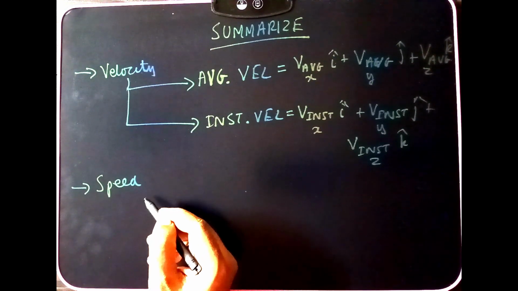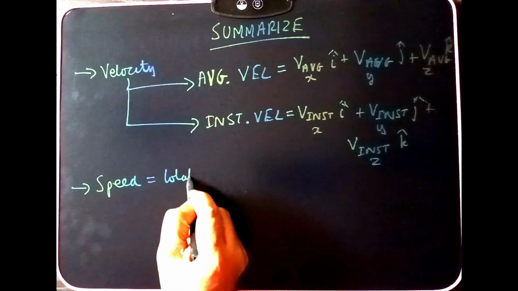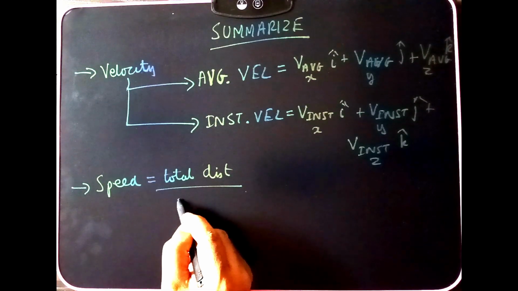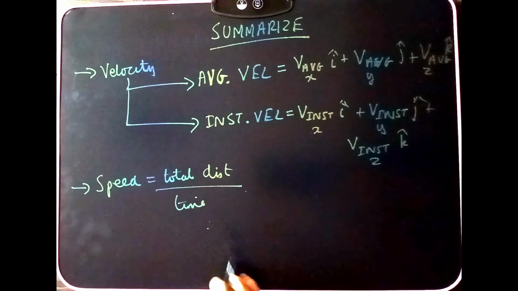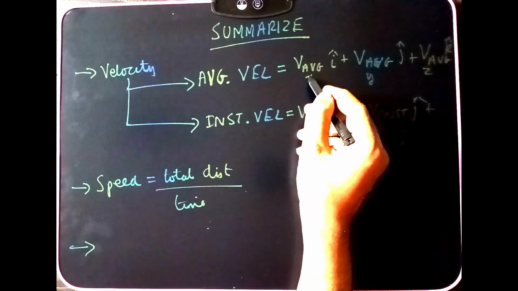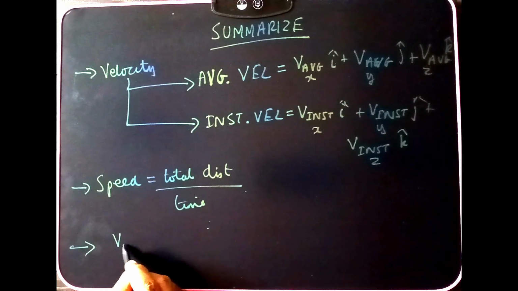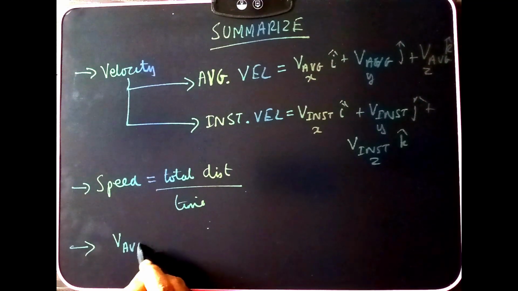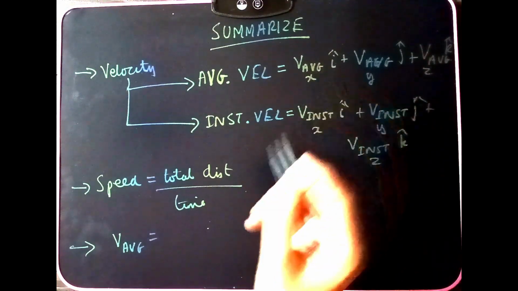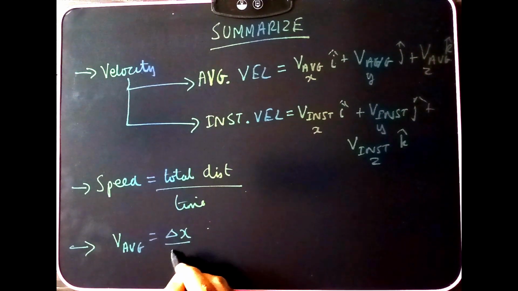Speed doesn't depend on the axis. It is directly given by total distance by time. We also saw that this can be expanded: average velocity in the x component will be delta x by delta t.